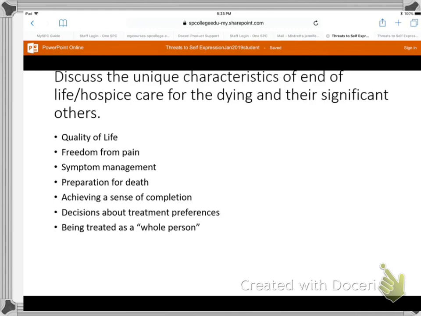In the hospital, it gets a little iffy because a lot of times we have way more patients than we should. If you have a patient who is hospice and they're passing away, sometimes there's no family at bedside, and I just feel horrible when it happens.